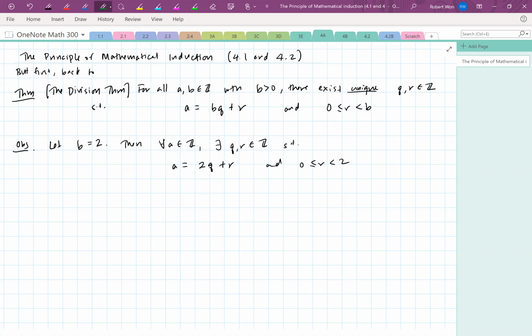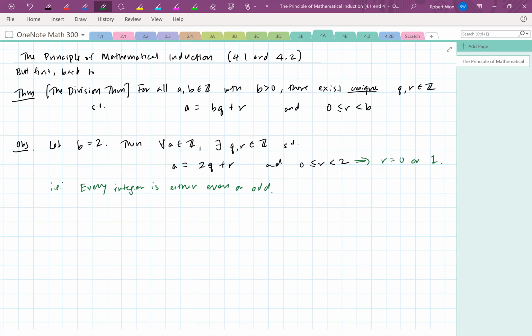So what is this saying? This is saying that every integer a can be written either as 2q or 2q plus 1. In other words, every integer is either even or odd.